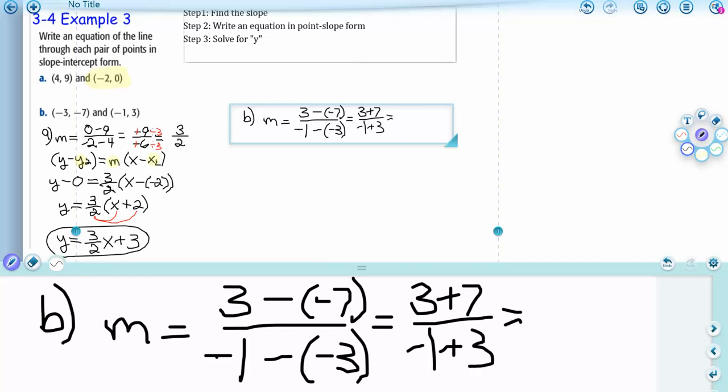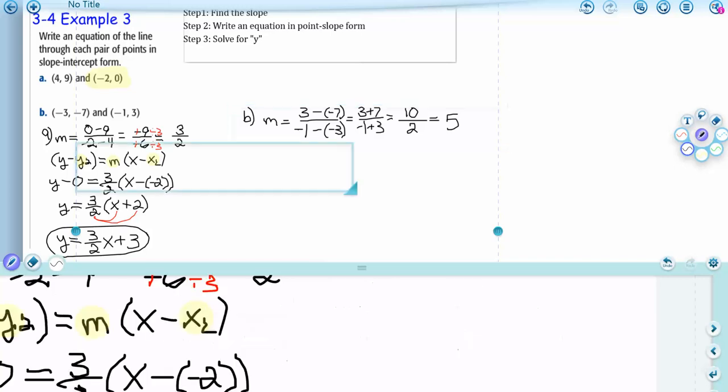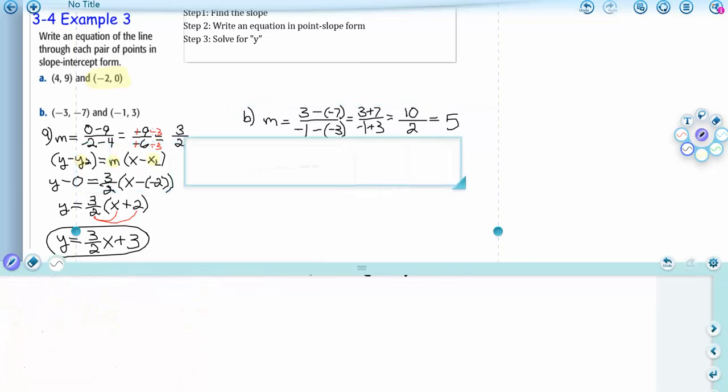Simplify that, and I'll have my slope. 3 plus 7 is 10. And -1 plus 3 is positive 2. And I can simplify that one more time. 10 divided by 2 is 5. So there's my slope.